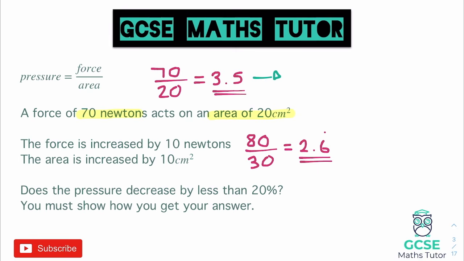That multiplier that we can use if we take away 20% from 100% is multiplying by 0.8. So if I multiply by 0.8, and again you don't have to use a multiplier, you could just work out 20% and take it off, but this is a nice quick way of working it out. You get the answer 2.8. So if we were to have decreased it by 20%, it would have gone down to 2.8.